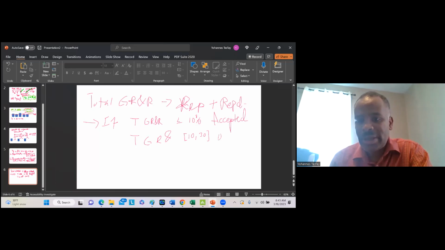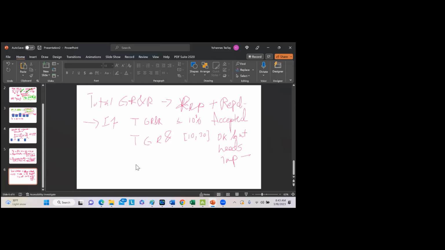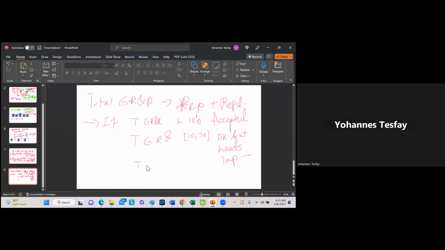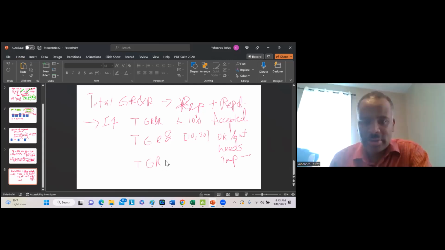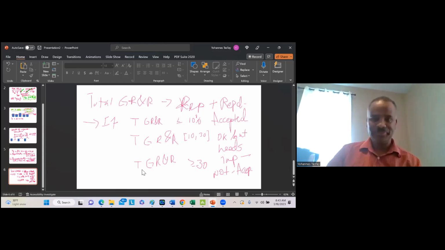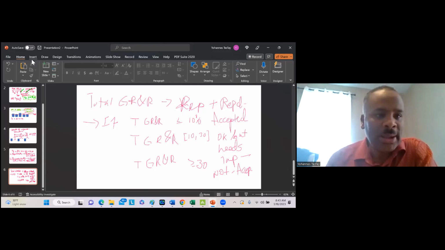If gauge R and R is greater than 30%, it is not accepted. So now we are going to see how to do gauge R and R.